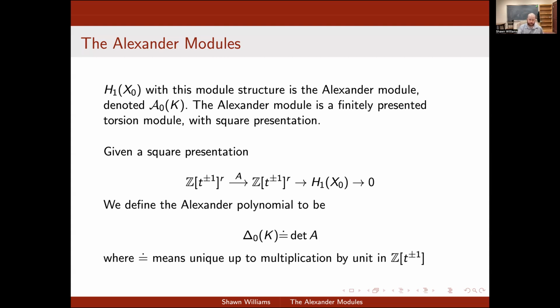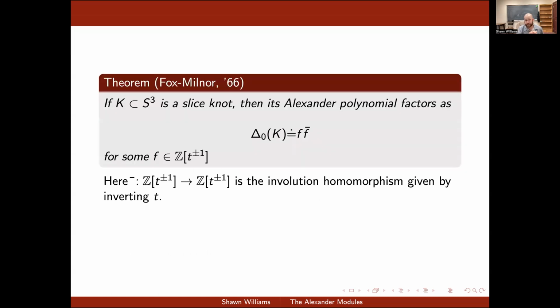So given the Alexander polynomial, let's review what the Fox-Milnor theorem says. It tells us that if K is a slice knot, then its Alexander polynomial will factor almost symmetrically as F times F bar.